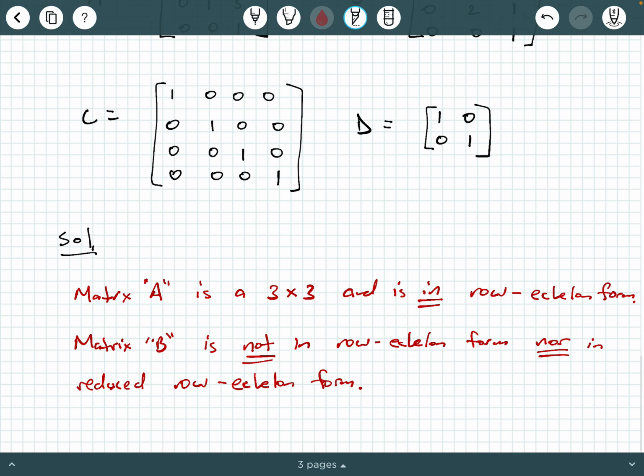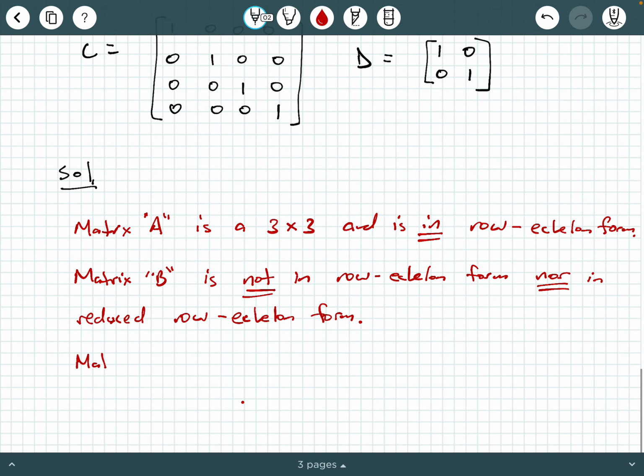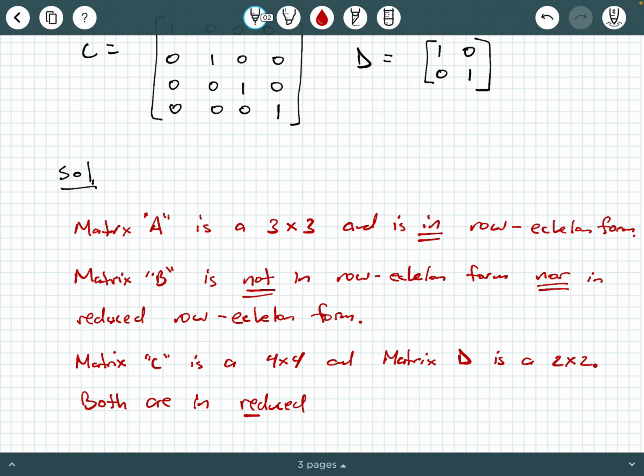And then what about matrices C and D? Well, both of these are in reduced row echelon form. Matrix C is a 4 by 4, and matrix D is a 2 by 2, and both are in reduced row echelon form.